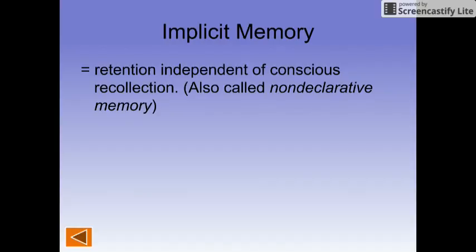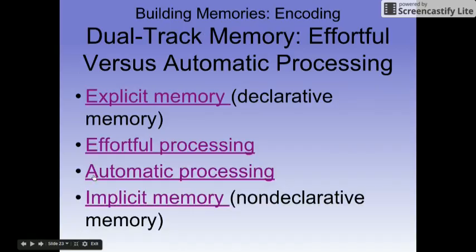You never really tried to remember that, but implicitly you know. You don't really have a conscious recollection of the fact that it is a red house with black shutters. But when someone says to you, what color is the house 3 doors down? You'll go, red house with black shutters. It's your implicit memory.